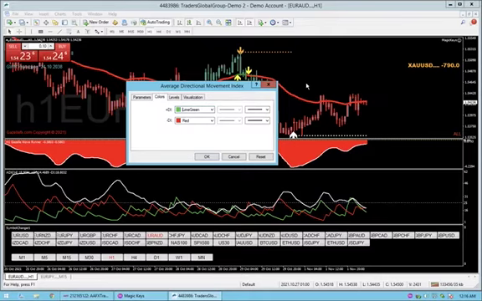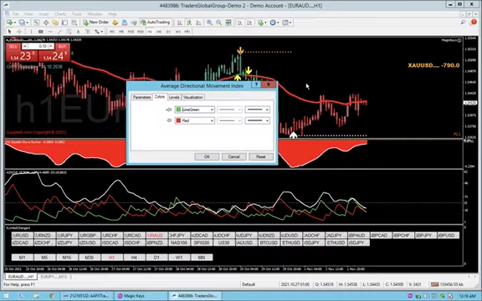Both of y'all are correct. Positive direction, bullish, buy, whatever you want to call it. Positive means going up, negative means going down.